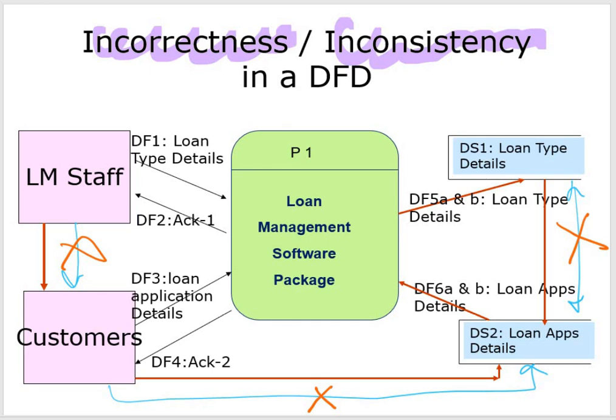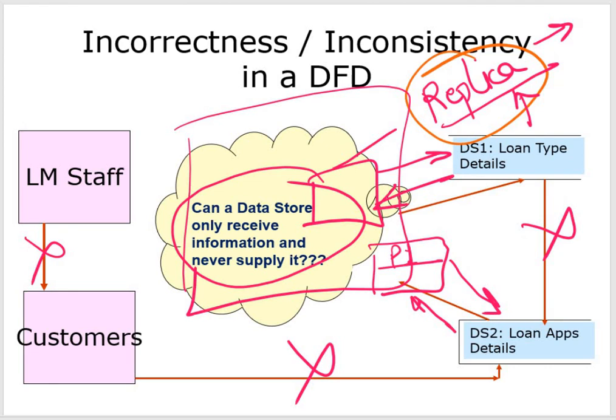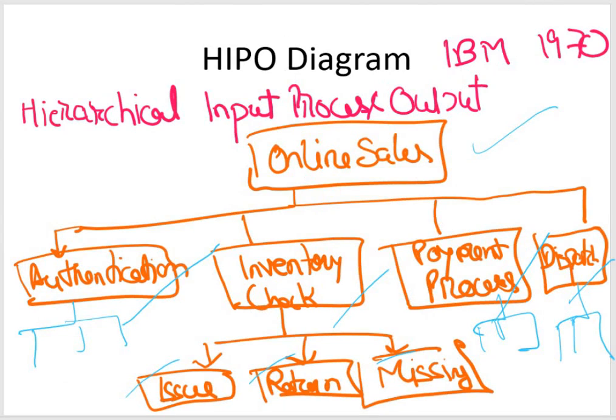That means no direct interaction between your databases or between your two entities or entity and database. These things should not be there. And then we looked into the possibilities and the errors and the scope of improvements. And then we looked into your HIPO diagram, which was your hierarchical input process output diagram, which was given by IBM in the year 1970.